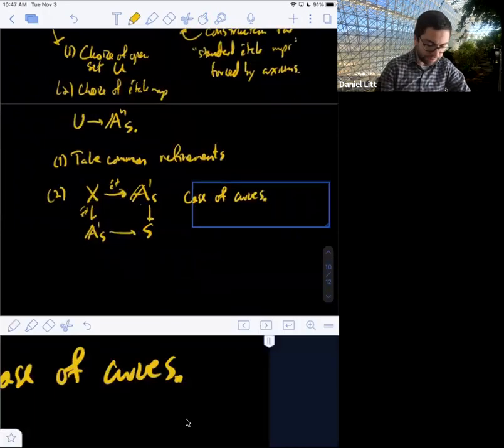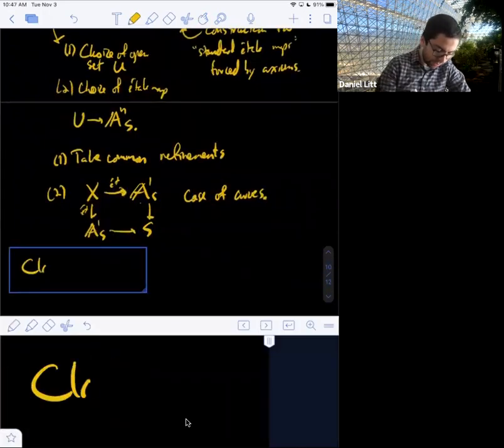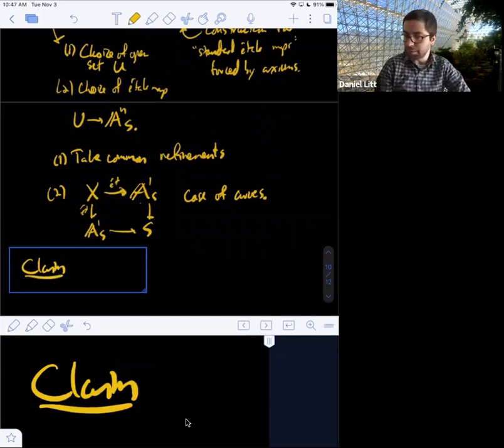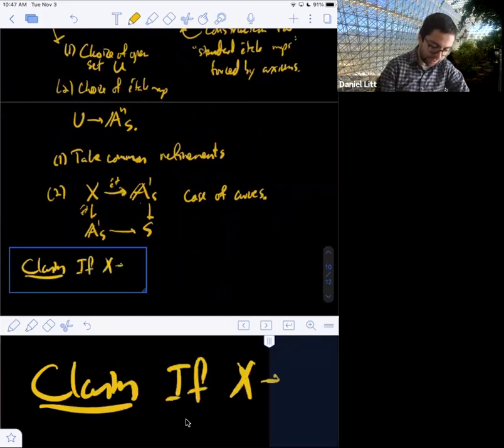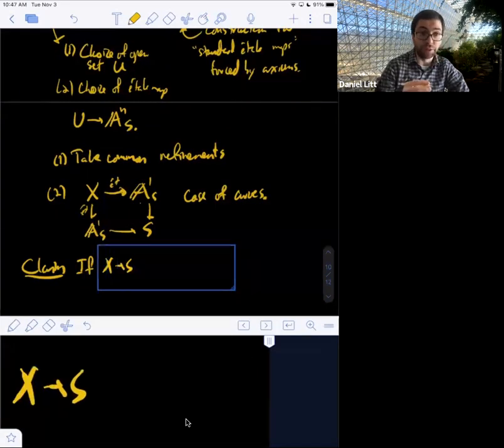And now the claim, finally, the last claim involved in the trace map, is that if f: X to S, so we've constructed this map in general, right? So we've constructed a map, meaning in general, when we have a smooth morphism of pure dimension d.